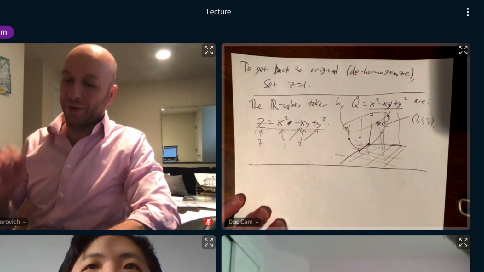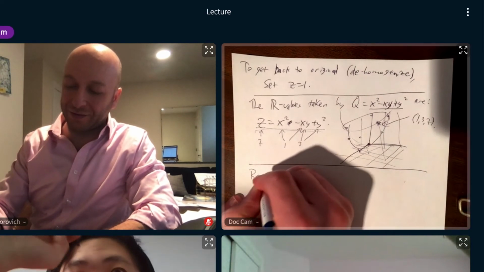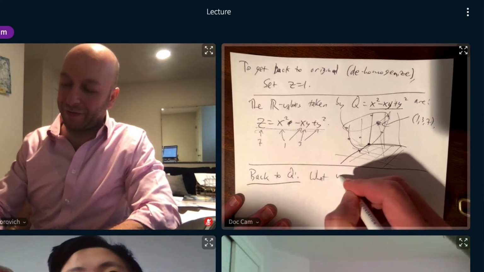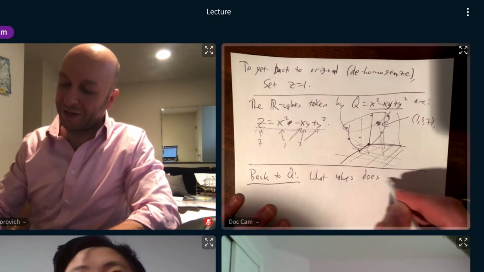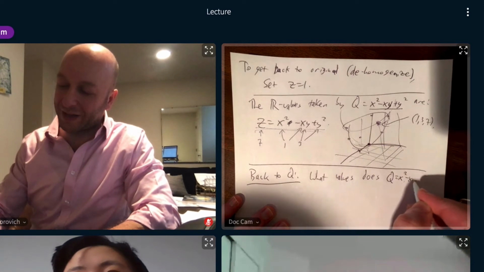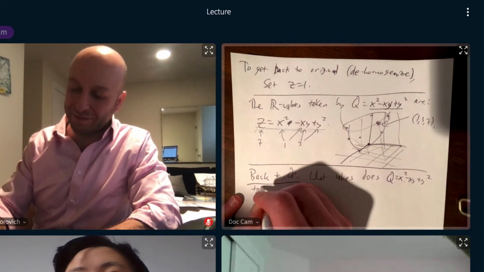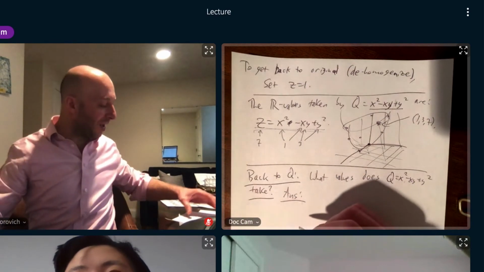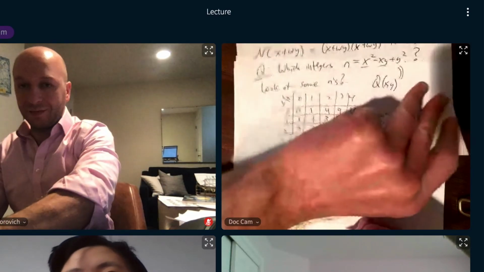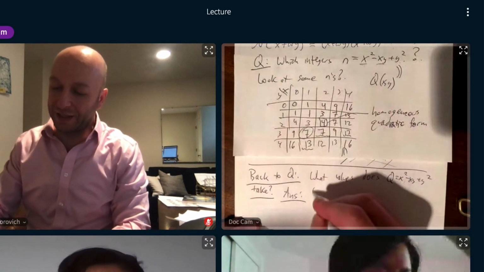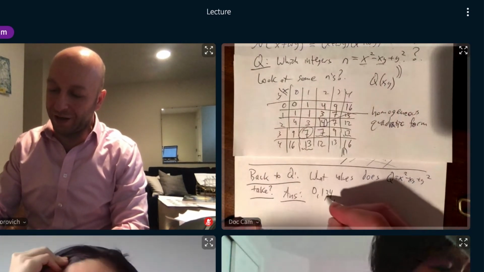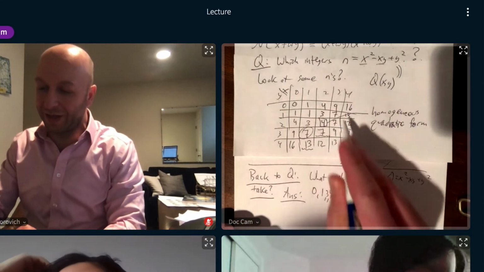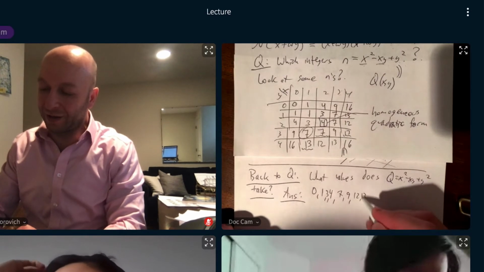So let's go back. What are we doing? Back to our question. Our question is what values does q equal to x squared minus xy plus y squared take? And the answer, well, at least some values that we already saw, it takes the value 0, 1, 3, 4, 7, 9, am I missing anybody? 12, 13, 16.